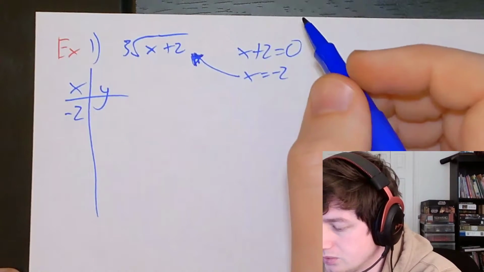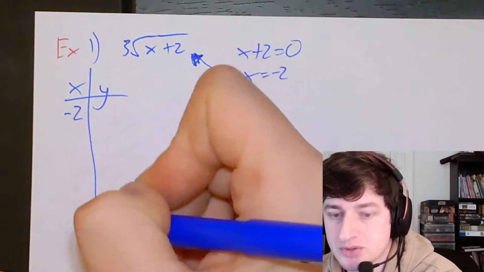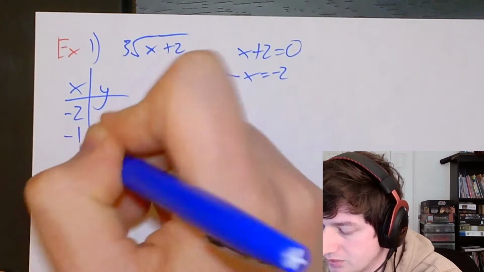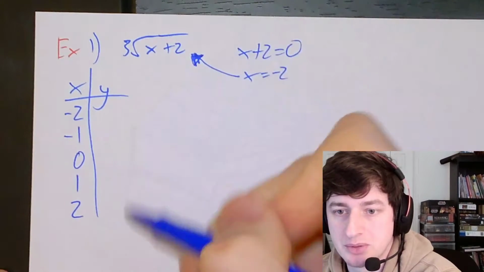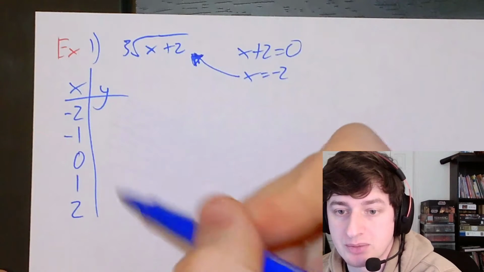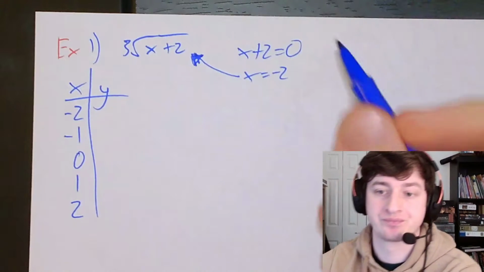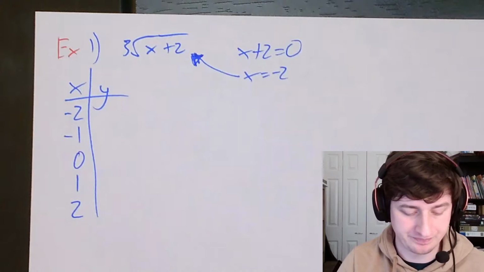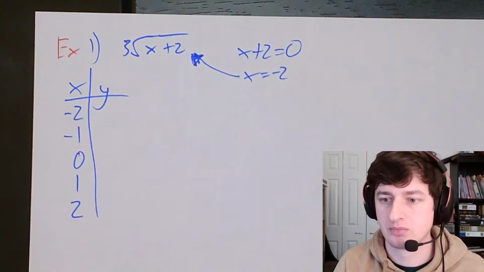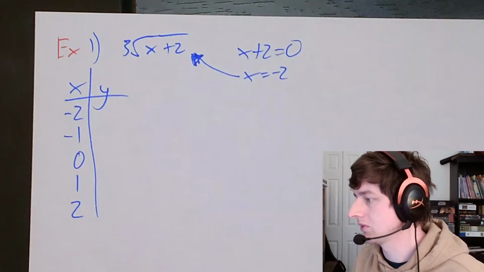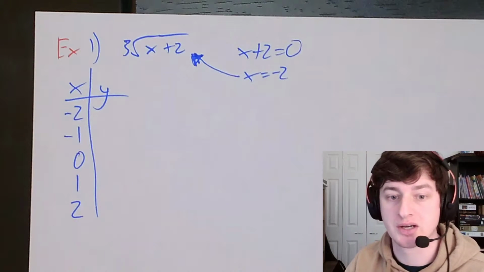Okay, so -2. And then we just count up from there. So -2, -1, 0, 1, and 2. Okay. Some of these I'm going to be able to evaluate by hand. Some of them I'm going to need a calculator. Does that make sense on why I started at -2? Hopefully. Okay, it's because -2 turns the inside into 0.